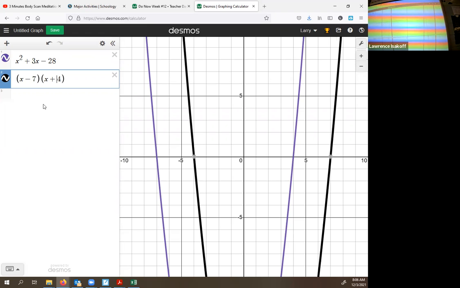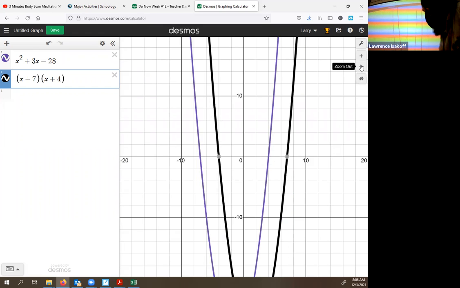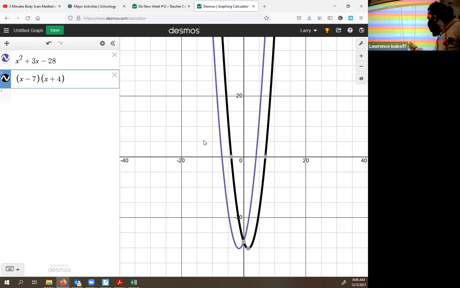So see how when we look at this, it kind of looks correct. I'm going to actually zoom out a little bit more on these ones. But it actually just kind of looks like it gets flipped over the y-axis. Like if I flipped this over the y-axis, it actually looks like they might land on top of each other. That just tells me my signs are backwards.